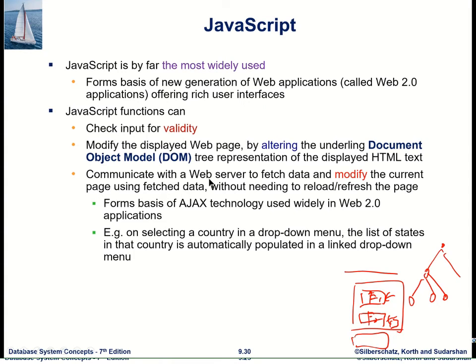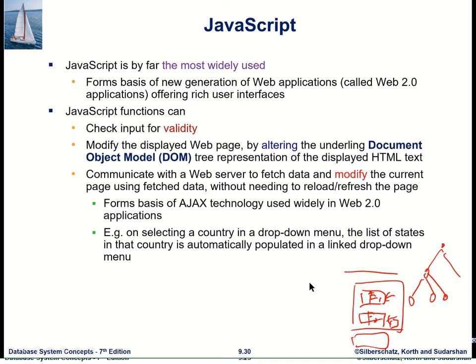For example, initially we get a table, but once we send a query and change it, we want to show whether the changes have been reflected on the server side. So we update the current table without needing to reload or refresh the page. That means you can do it more efficiently.